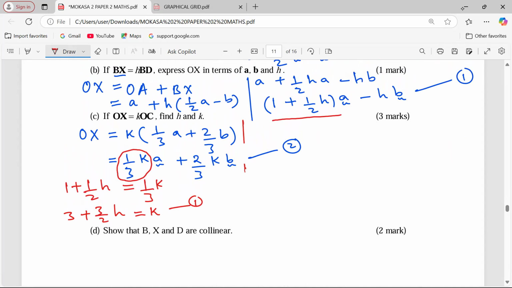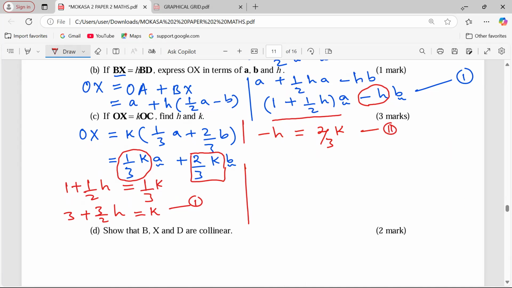Then we talk about the coefficients of vector B. We also equate them. So to equate the coefficients of vector B, we will have negative H from equation 1 being equal to, in the second equation, the coefficient of vector B, which is 2/3 the value of K. So now we have equation Roman 2.